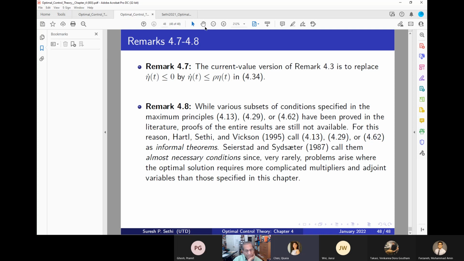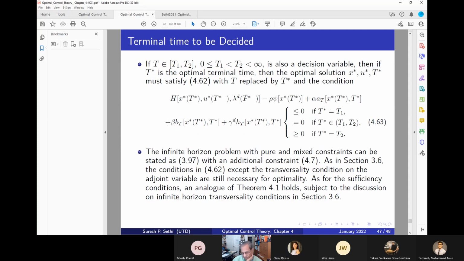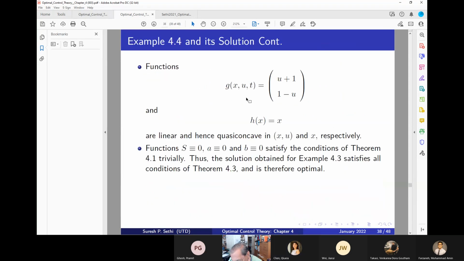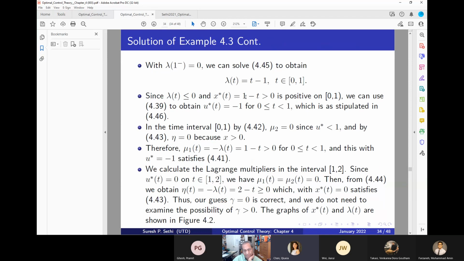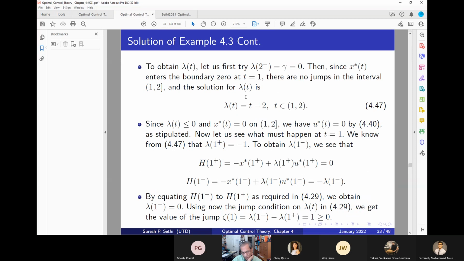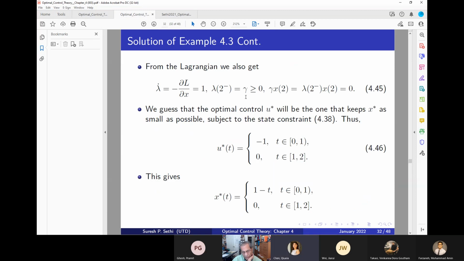Professor, can I ask a question? Yes. So could you go back to slide 34? Actually, slide 32, sorry. Yes, so here on the first line, we have lambda dot equal to 1. And then we apply that lambda dot equal to 1 for the interval 1 to 2.